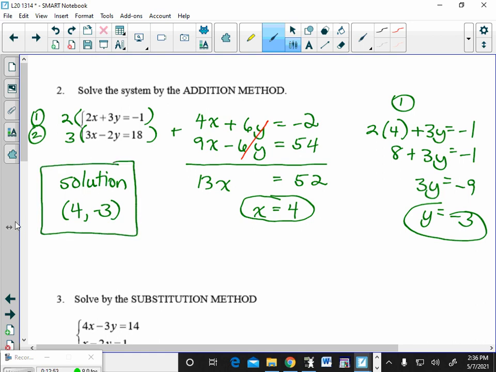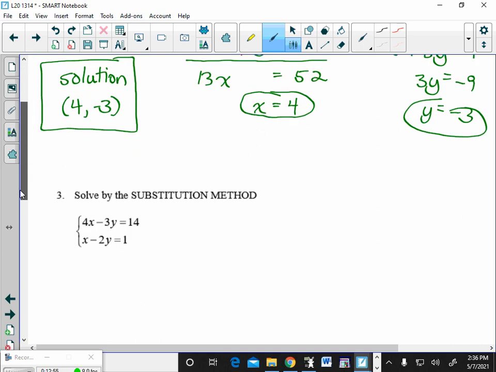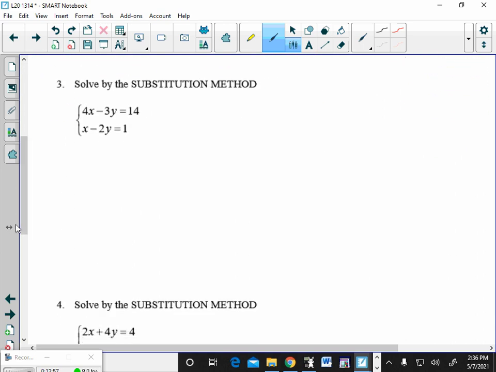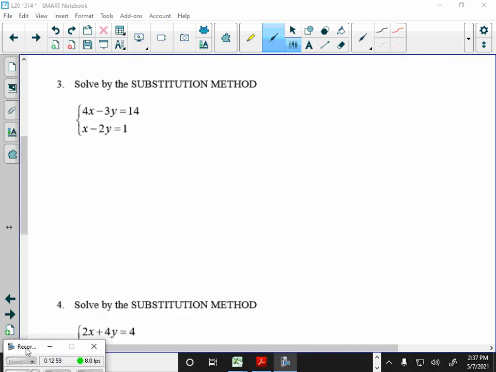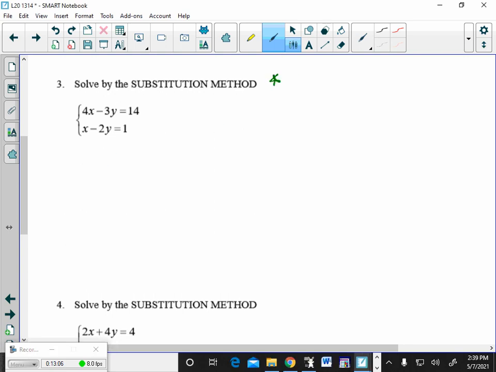Okay, moving on to number 3. Here we are going to be solving by the substitution method. So here we want to look for a variable that is easy to isolate.